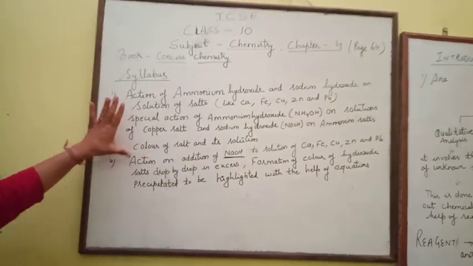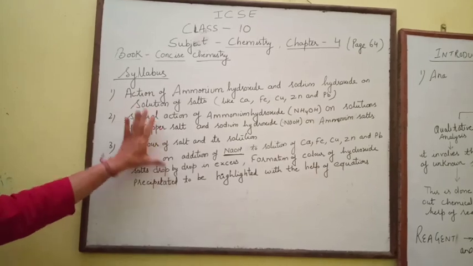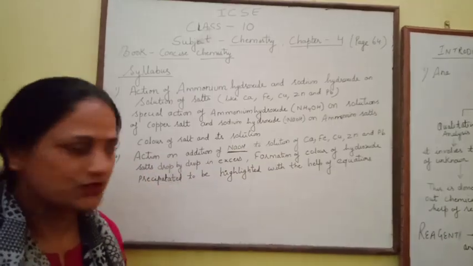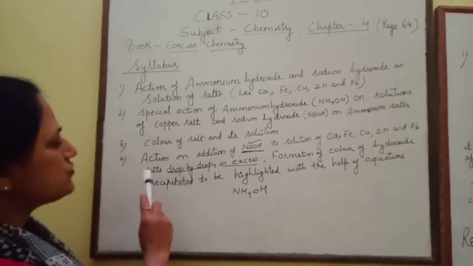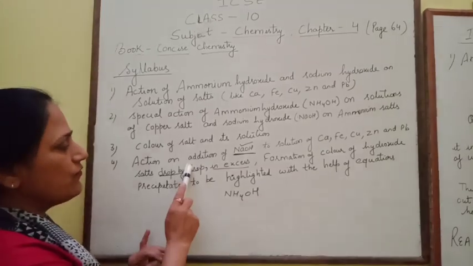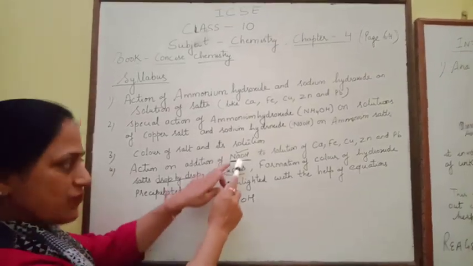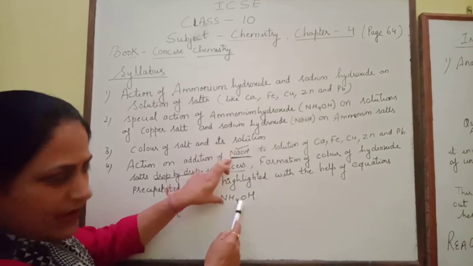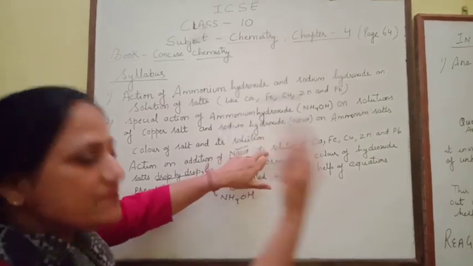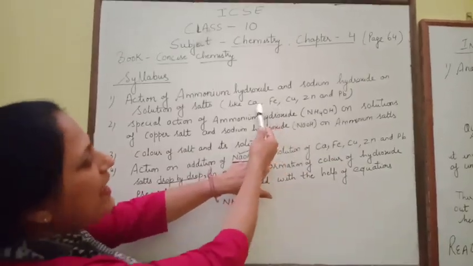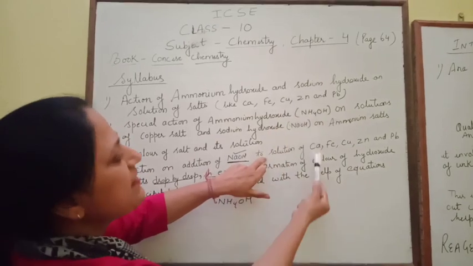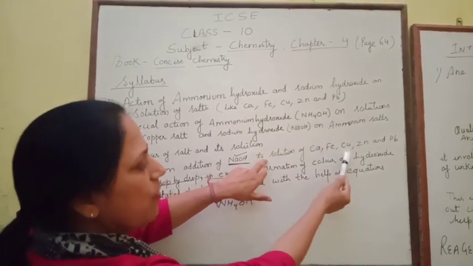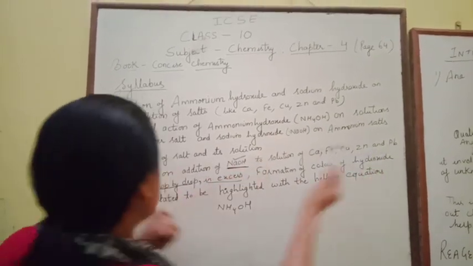Also, we will discuss the color of salts and their solutions. And the fourth topic we will discuss is the addition of sodium hydroxide, and also ammonium hydroxide, to the solution. Which solutions are we going to take? As I discussed earlier, calcium, iron, copper, zinc and lead salts.